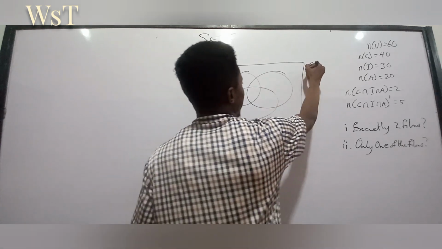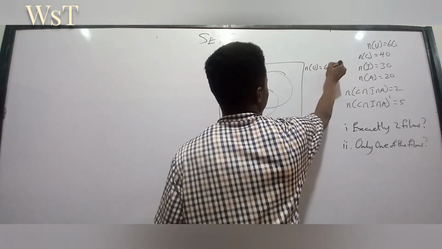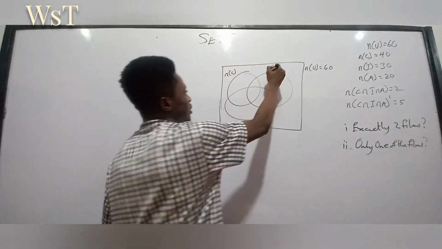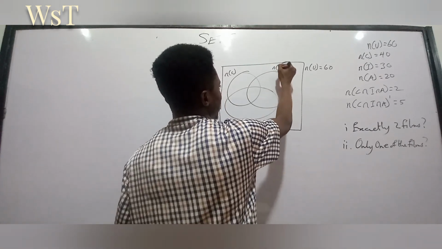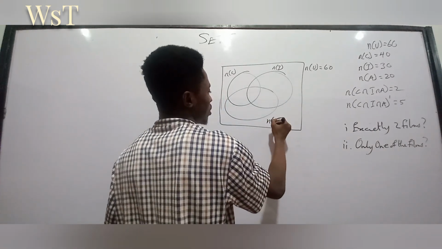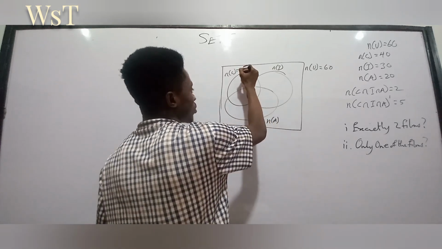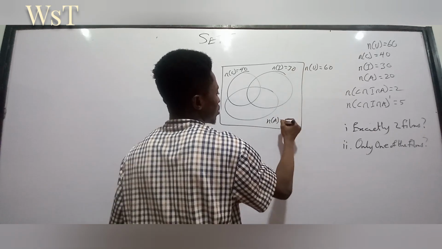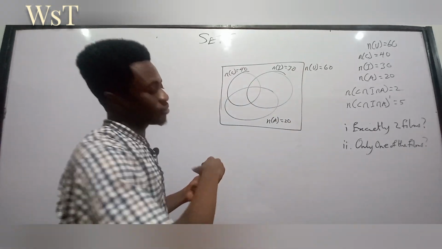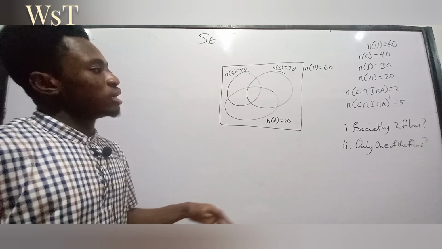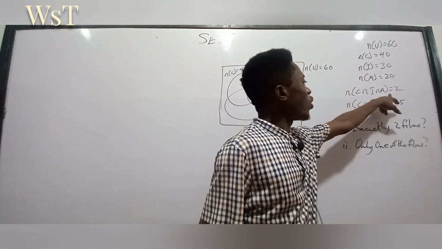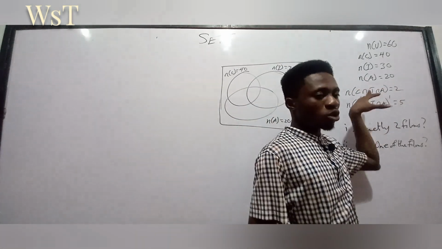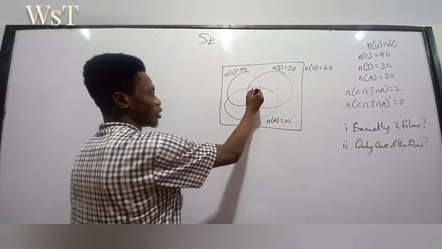Okay, so n of the universal set is 60, right? So let's say here is Chinese, here is Indian, and here is American. So here is 40, 30, 20. You get it? Good. And they are saying that the number of people that watched all the 3 films were 2.